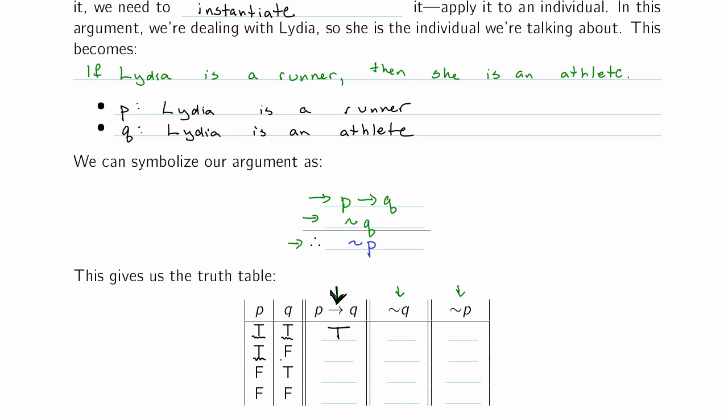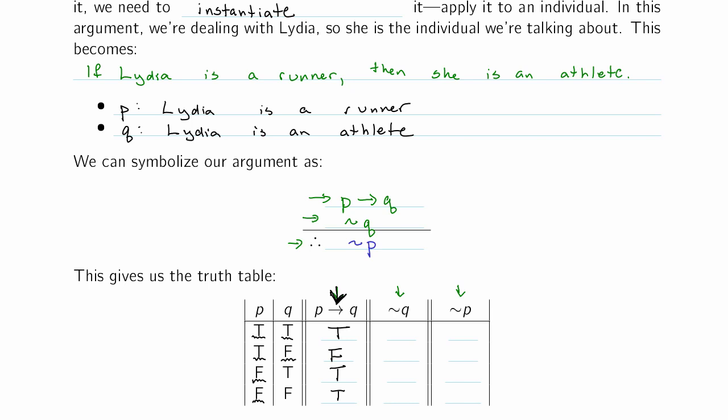The if part is true, the then part is false. That's the only time that if then is false. And then in the next row we see the if part is false. Doesn't matter what the then part is, if then is true. The if part is false. That means the if then has to be true. Okay, so that was the hardest one.